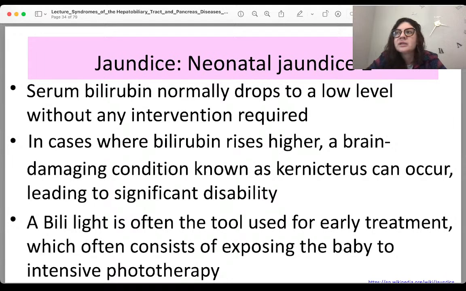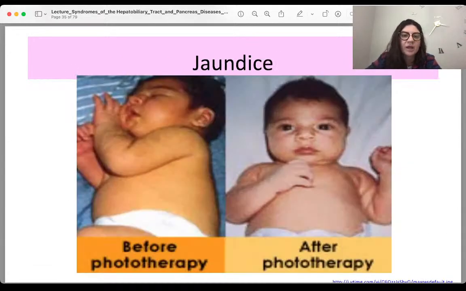A bilirubin test is often a tool used for early treatment, which often consists of exposing the baby to intensive phototherapy. If you saw departments for neonatals, around the bed there are lights with a very specific colored light, which is targeted to treat neonatal jaundice.